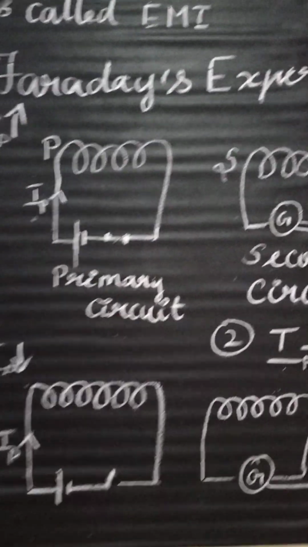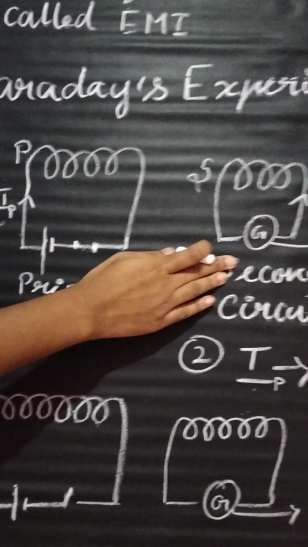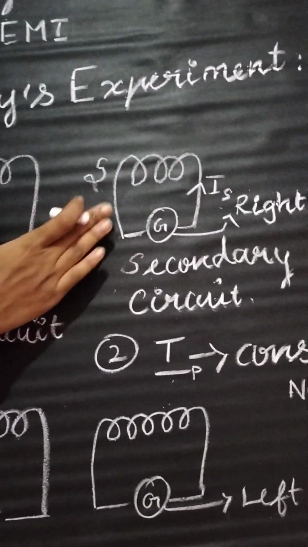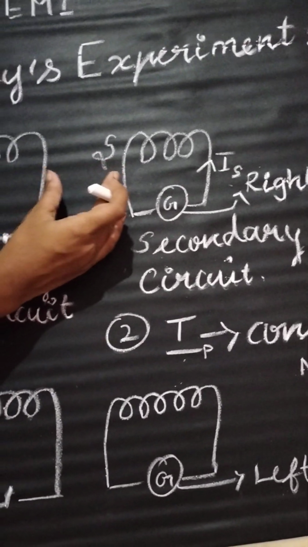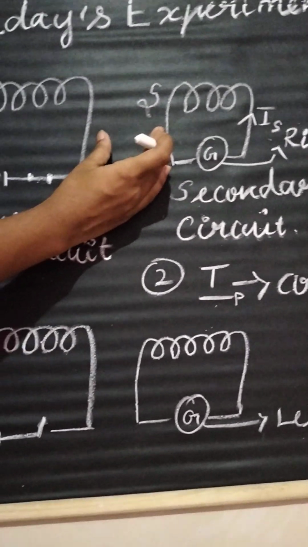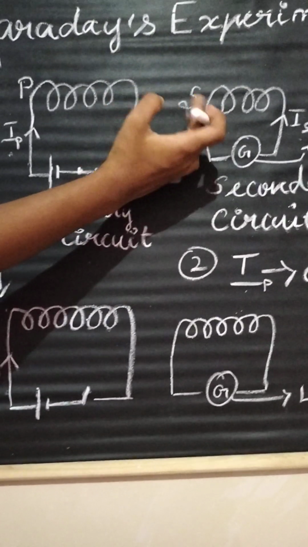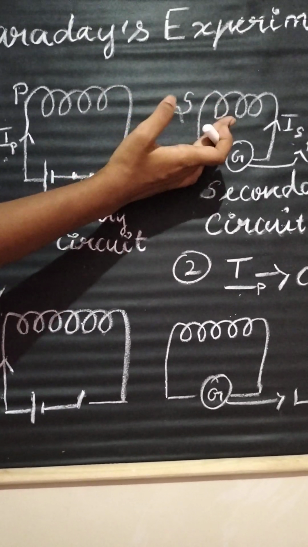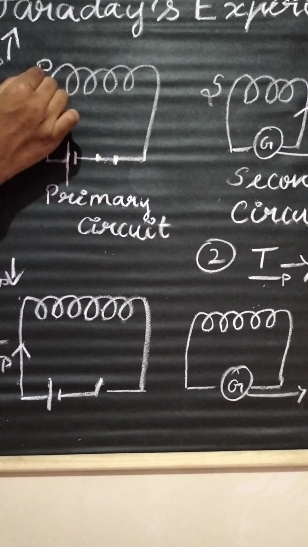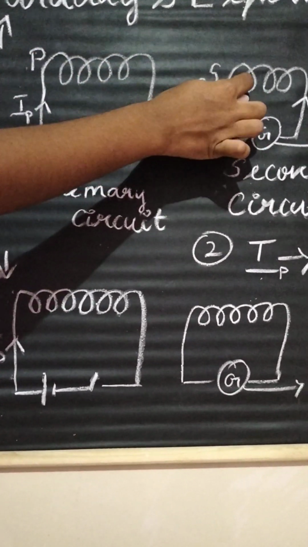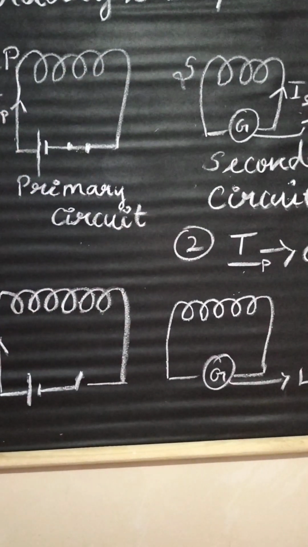The secondary circuit is connected with a galvanometer. Both circuits are kept at a minimum distance, but they are not connected to each other. The first coil is said to be the P coil, and the galvanometer coil is said to be the S coil.